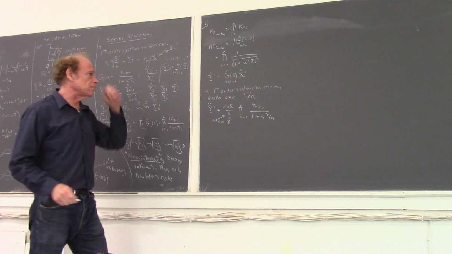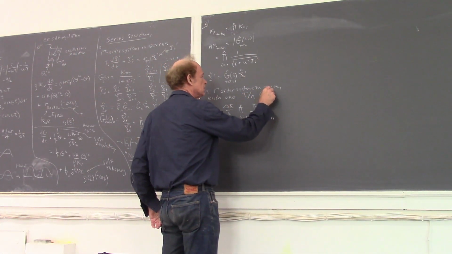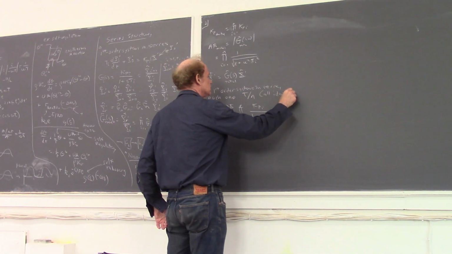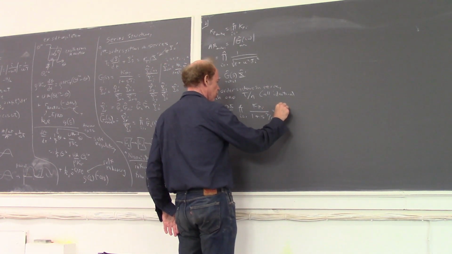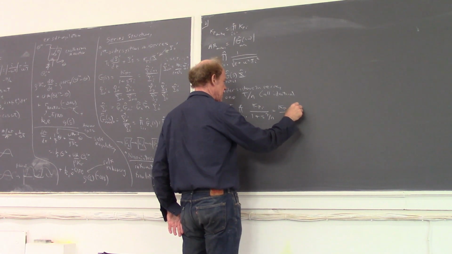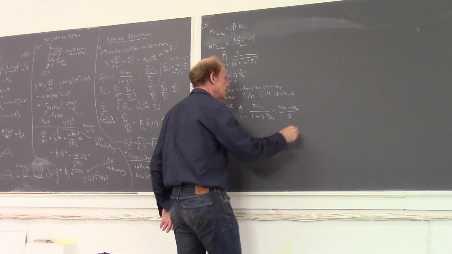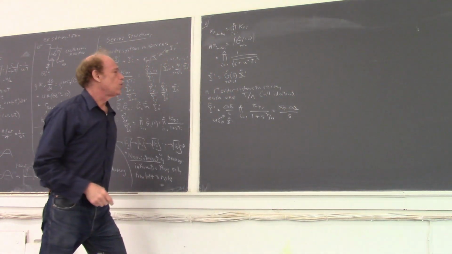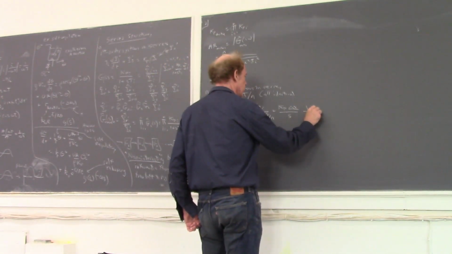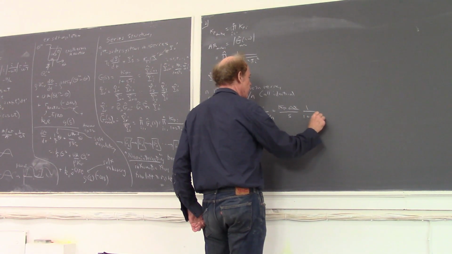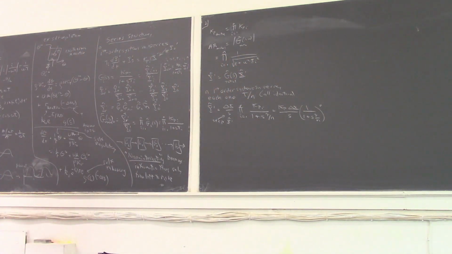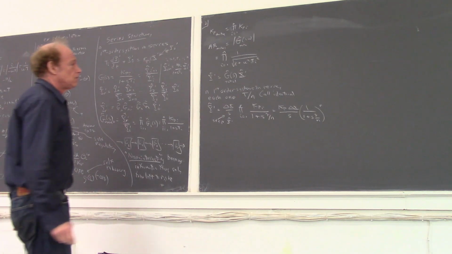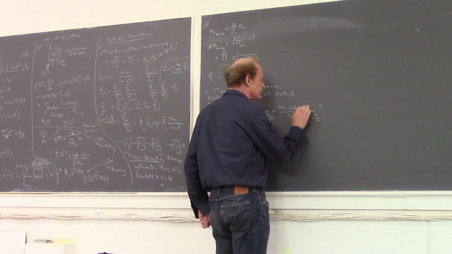But if they're all the same, so they're all identical, then this is just equal to kp overall delta x over s times 1 plus s tau over n raised to the nth power. Or if you like, I can just put the nth power in the denominator.